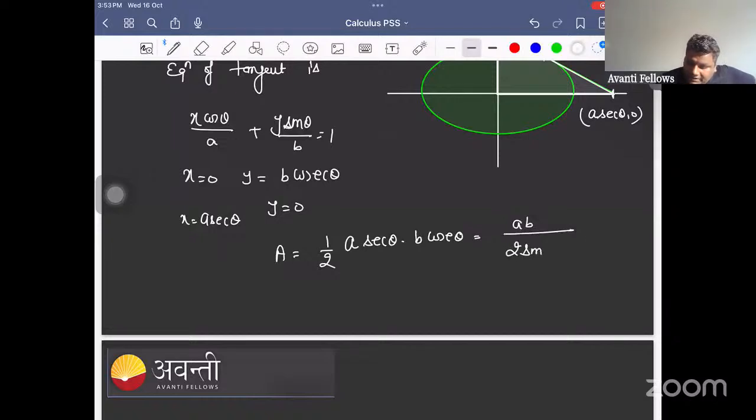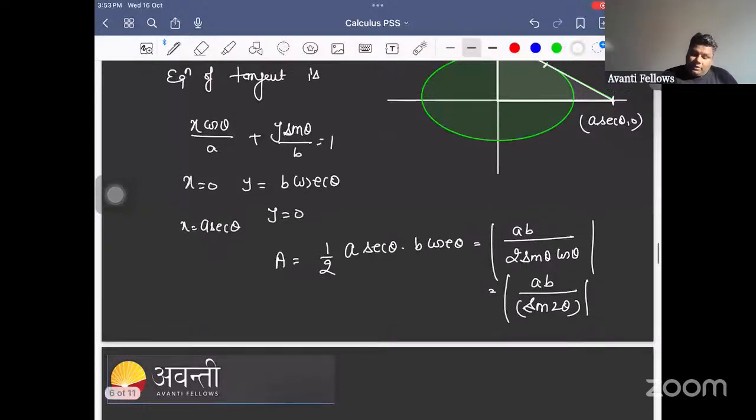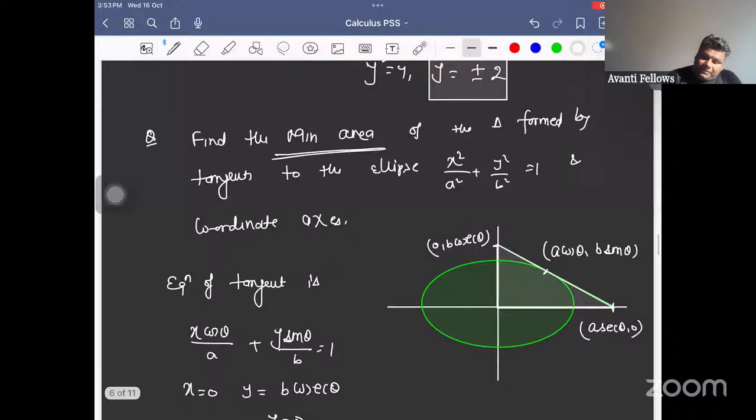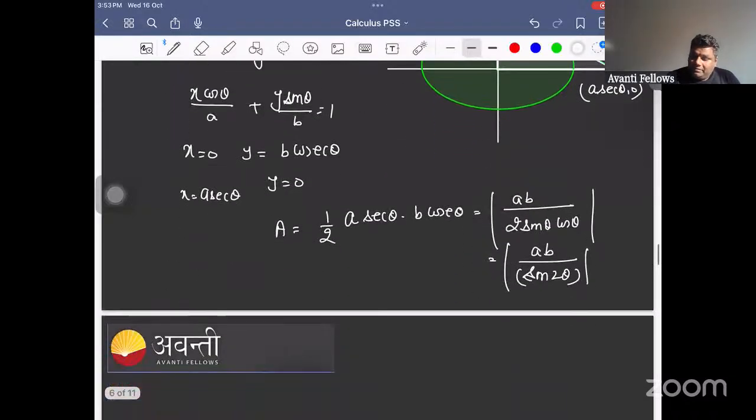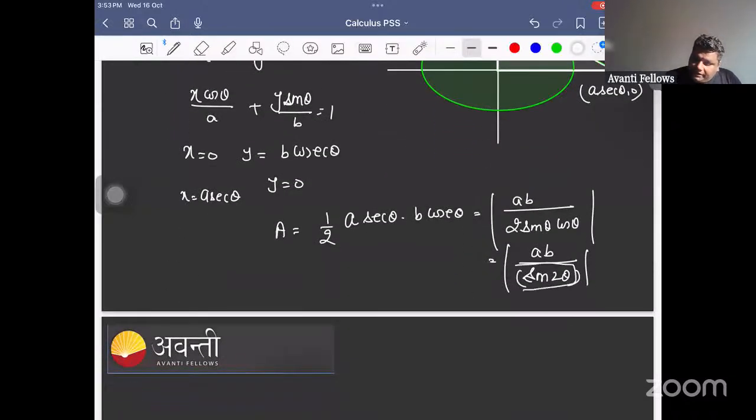I can write it sine theta cos theta. So it will be AB upon sine 2 theta. Mod of this definitely, area we are talking about, so it should be more. Now they're asking for minimum area. So area will be minimum if this denominator is going to be maximum. Correct?